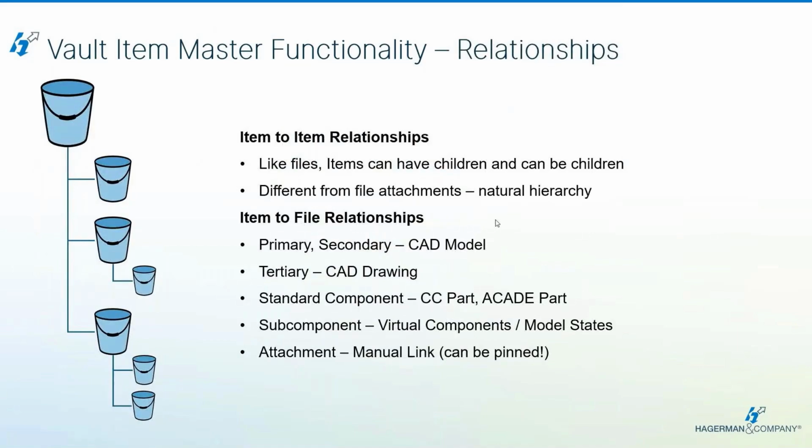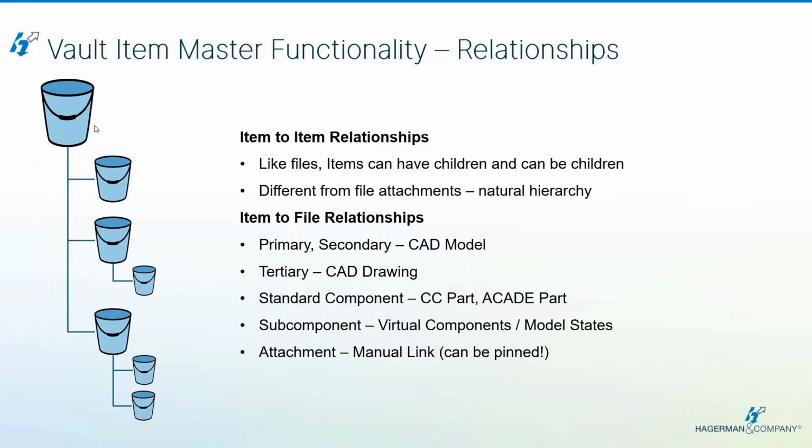So in addition to those file relationships, we can also relate items to each other. An item can be a parent and it can have a child, and those children can have children. So this is how you can develop a bill of materials structure. It's different than, say, a file attachment. If you're attaching one file to another, technically there is directionality there.